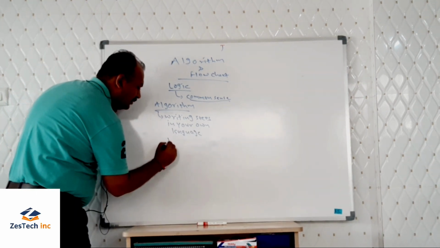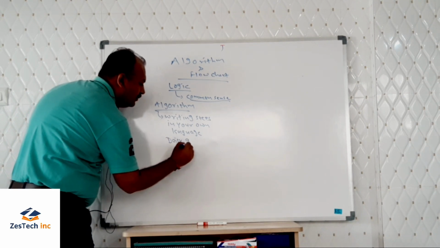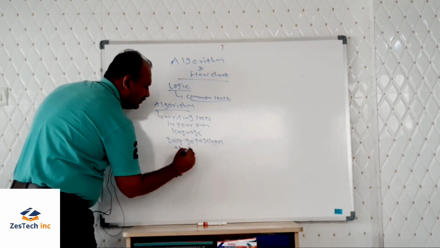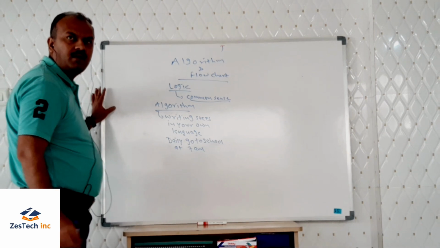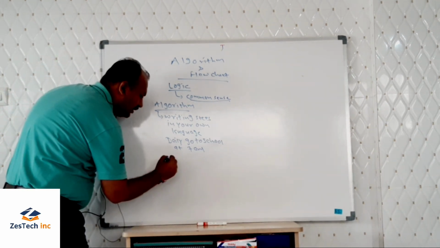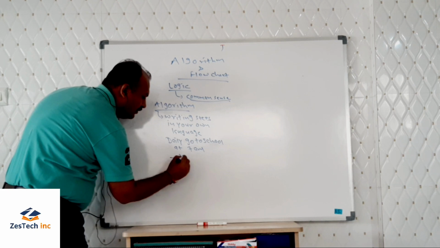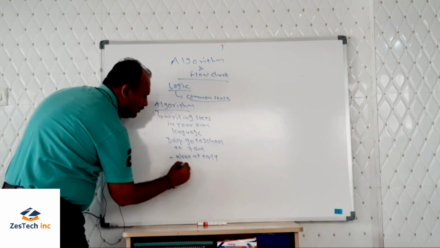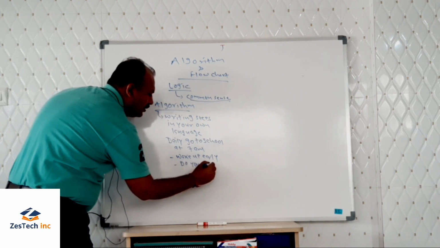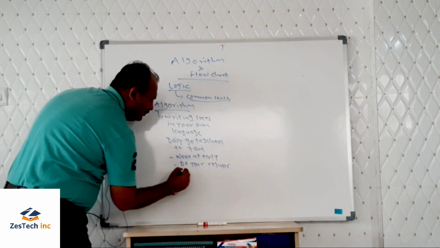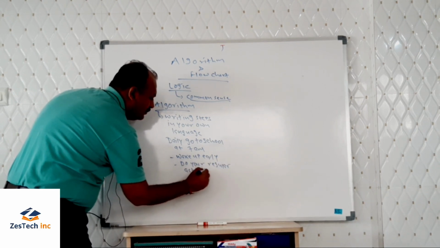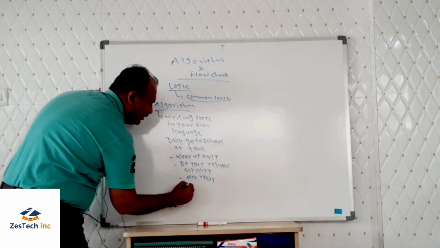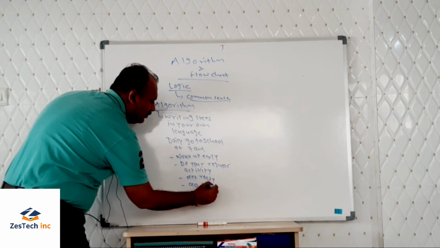Say for example, daily go to school at 7 a.m. That is a program. So what are the steps that come to our mind? Wake up early, then do your regular activity, then get ready, then go to school.